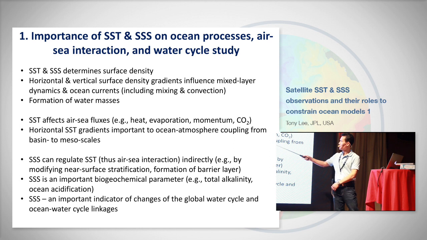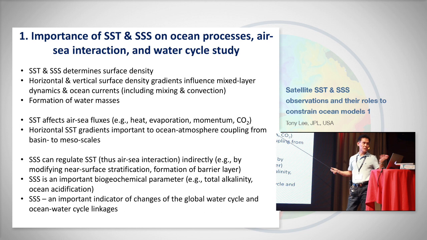So sea surface temperature is also actively involved in air-sea interaction, right? In particular, it affects a lot of air-sea fluxes, including heat flux, evaporation, momentum flux, wind stress that Mark Barraza talked about yesterday, as well as gas transfer, such as CO2 flux.